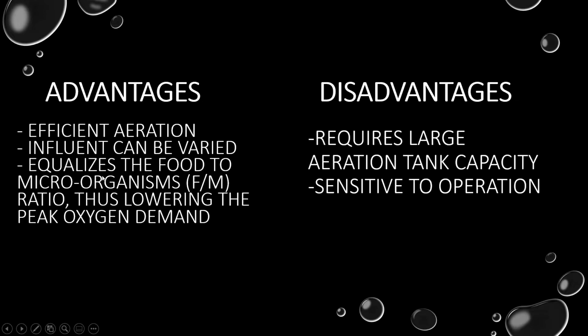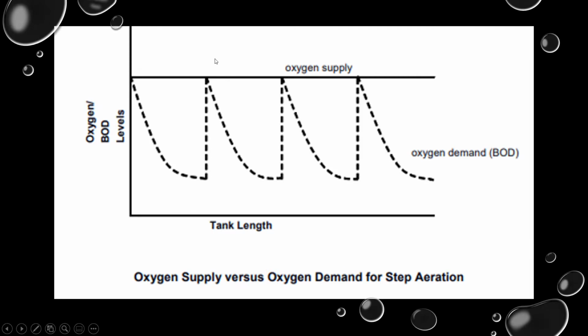And also, it equalizes the food to microorganism ratio. Thus, it lowers the peak oxygen demand. Yun nga, no? Makikita natin sa graph na ito na ang kanyang peak oxygen demand ay nasustentuhan na ng ating oxygen supply.